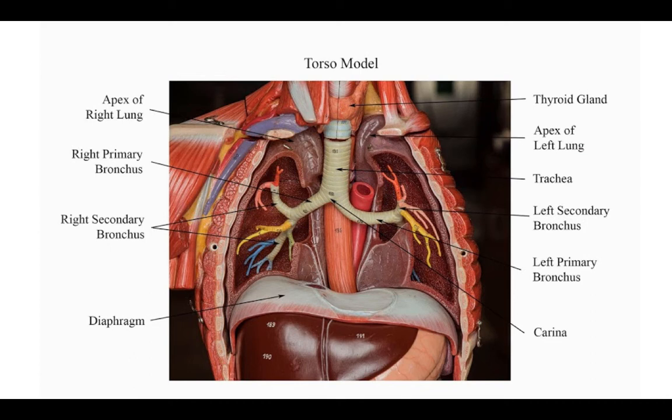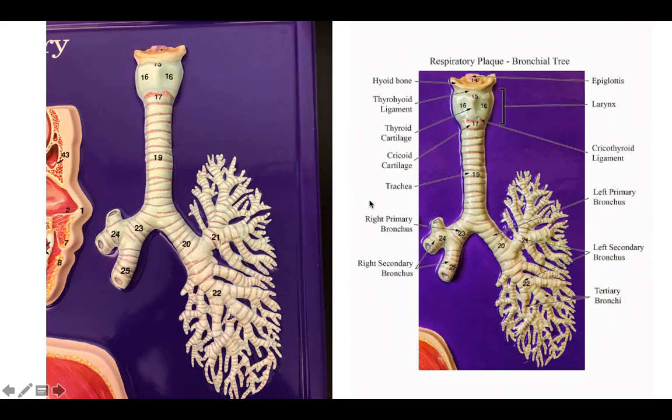So the right side is going to have 3 of these secondary bronchi. And when you look at the left side, because we just have 2 lobes on the left side of the lung, it'll branch into 2. You don't see that as well here. Here's kind of a better model.